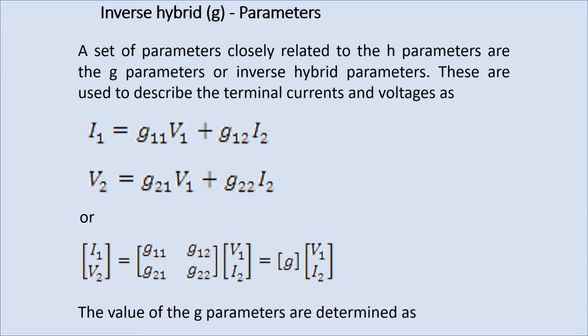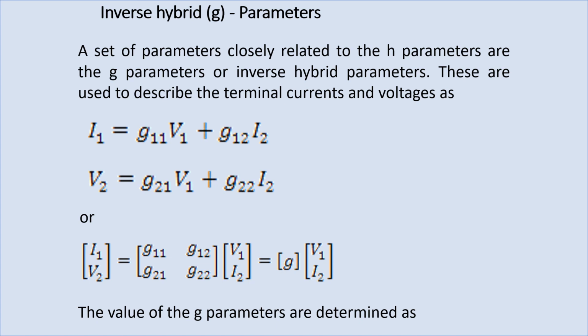Now, comparing the inverse hybrid parameter to the hybrid parameter, you will see that for hybrid parameter, we have our V1 and I2 to be the dependent variable, but here we have our I1 and V2 to be the dependent variable, whereas the I1 and V2 are the independent variable in hybrid parameter, and our V1 and I2 are now the independent variable in the inverse hybrid parameter.